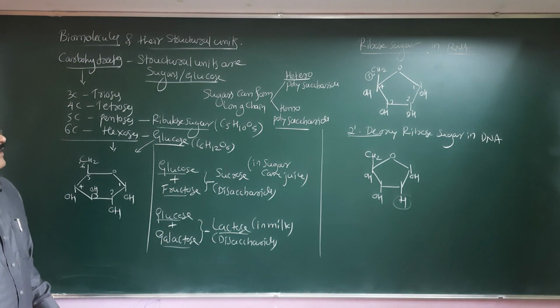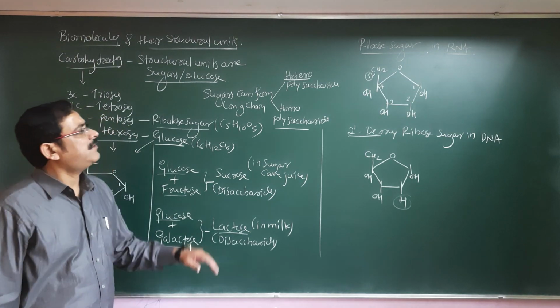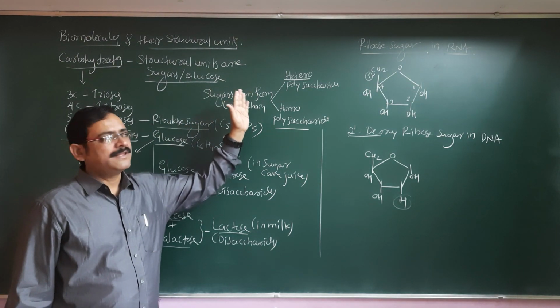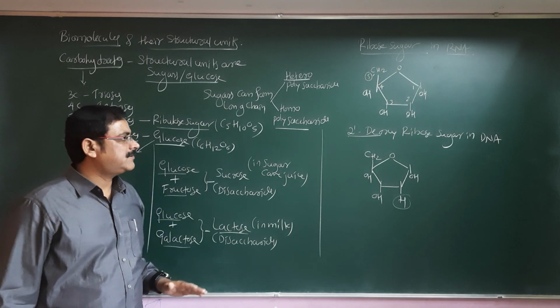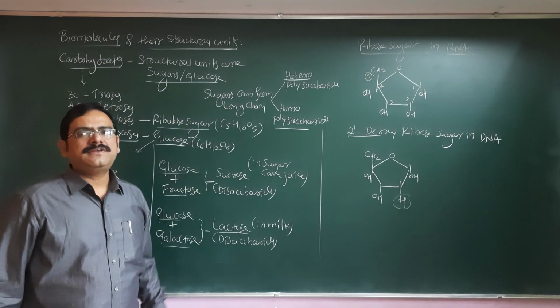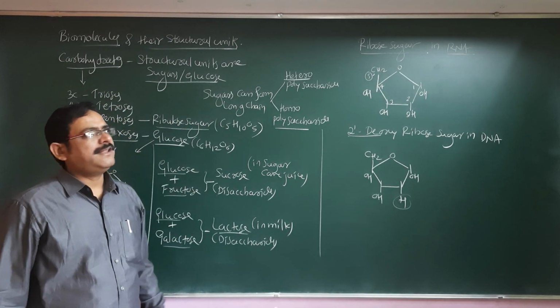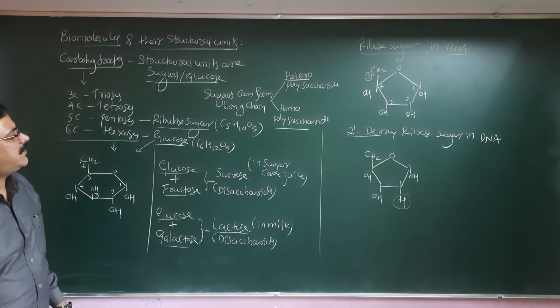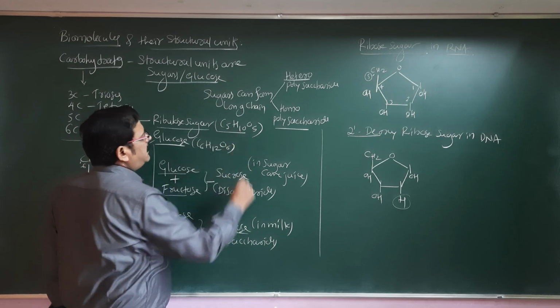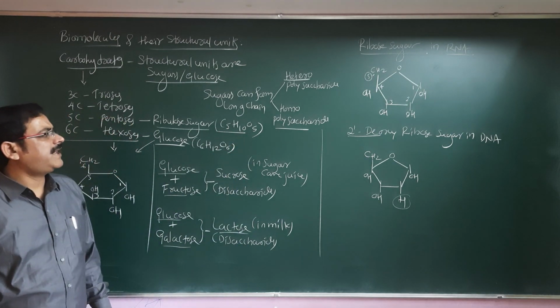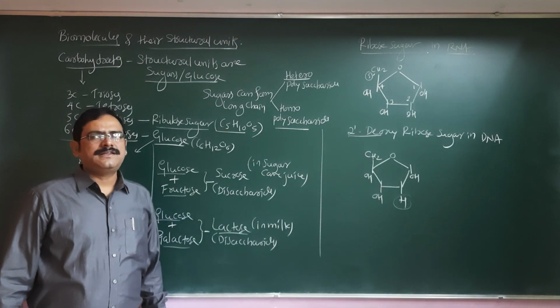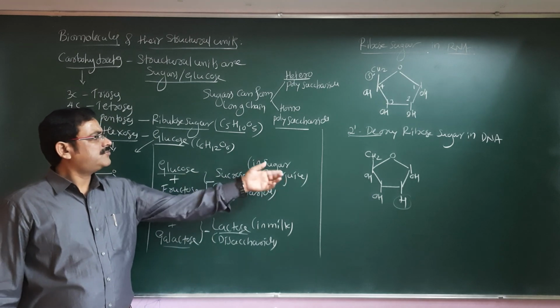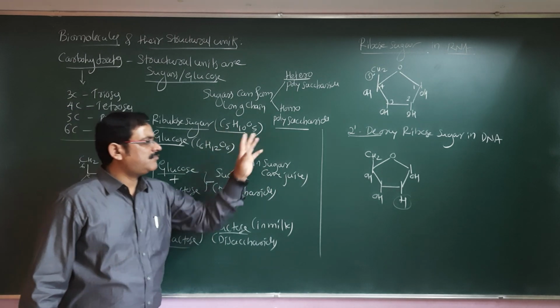Sugars can form a long chain. We can call them heteropolysaccharides as well as homopolysaccharides. Sugars can also be seen in DNA as well as RNA. In RNA, it is ribose sugar, which has the molecular formula C5H10O5, whereas one oxygen is less in the deoxyribose sugar, so it will be C5H10O4.